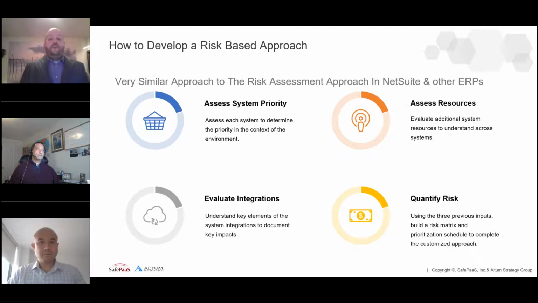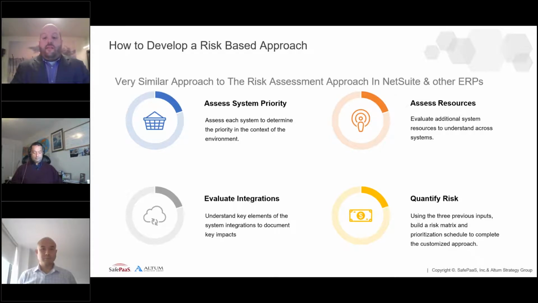Sure. At Altum, we see this in four key areas. It's assessing the system priority. ERPs obviously are usually the brains of most operations, really the centerpiece. Evaluating the integrations, looking at what data is moving from your ERP, whether it's NetSuite or other, and moving back in, and how that all operates, getting back to that unidirectional or bidirectional process.